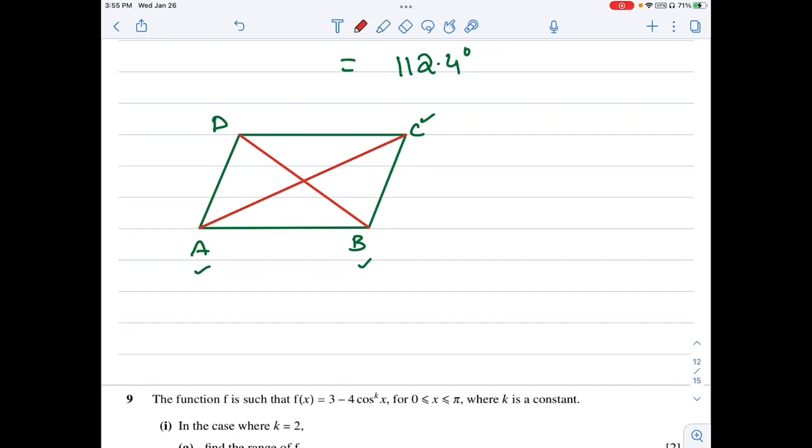So the midpoint of AC is nothing but OA plus OC upon 2, which should be equal to OB plus OD upon 2. The 2s cancel.